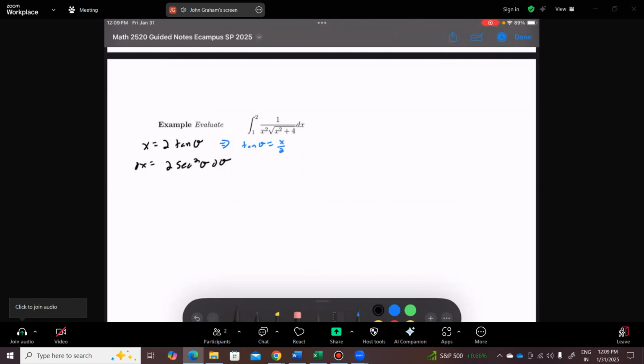And so we can rewrite the integral. On the top you have 2 secant squared theta d theta, that's just because of your dx. On the bottom you're letting x be 2 tangent theta, so x squared gives you 4 tangent squared theta. Then inside the square root you have 4 tangent squared theta plus 4.